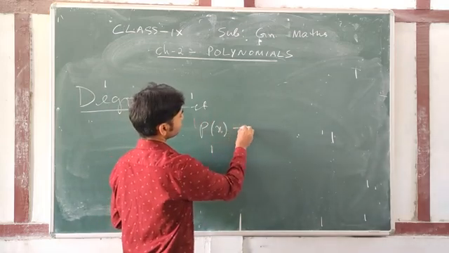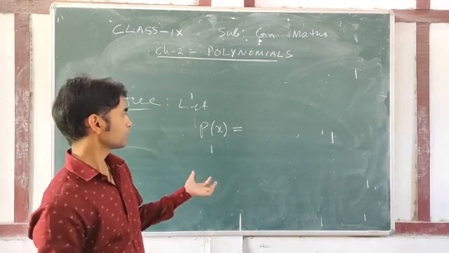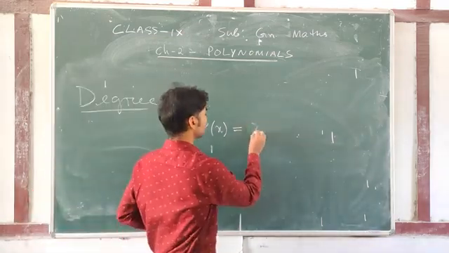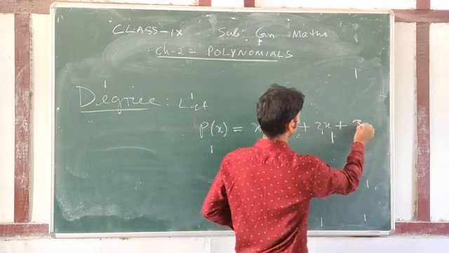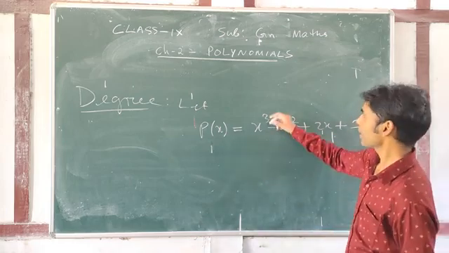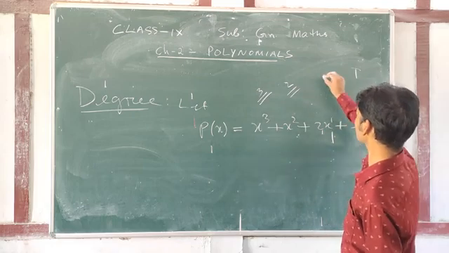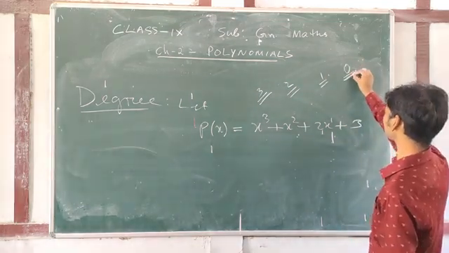Polynomials are always given a name, just like we have our names. Suppose the polynomial is x cubed plus x squared plus 2x plus 3. So you see the exponents of the variable. The first exponent is 3, the second is 2, the third is nothing but 1, and the exponent of the constant term is always 0.